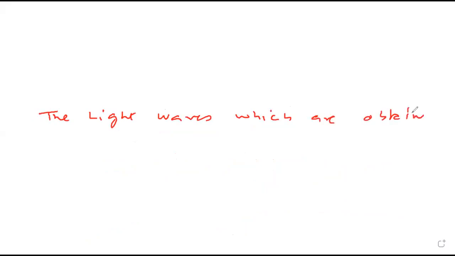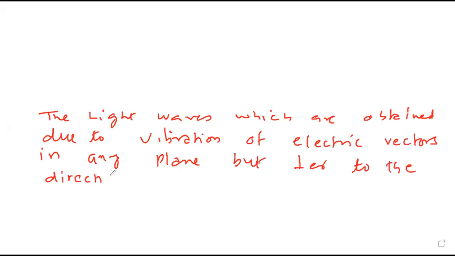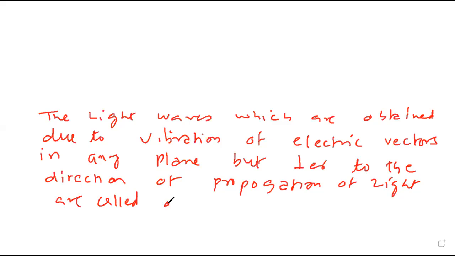Can you feel that with your pen if you have moved it? So the light waves which are obtained due to vibration of electric vectors in any plane but perpendicular to the direction of propagation of light are called unpolarized light waves.